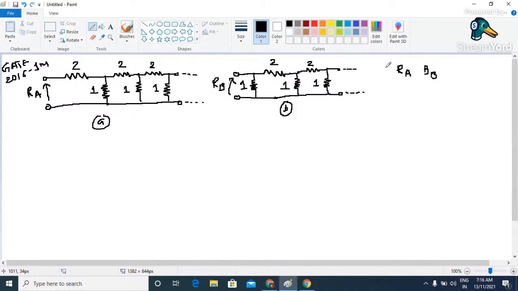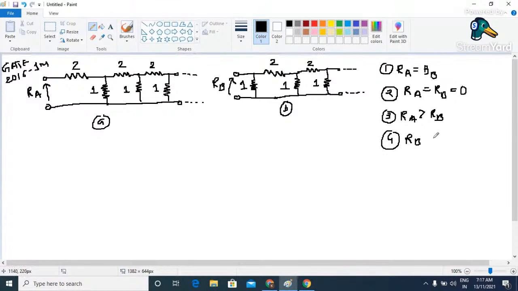The options are: first one is RA equals RB. Second option is RA and RB are the same and both the values are going to be 0. Third option is RA is more than RB, and fourth option is RB is more than RA.